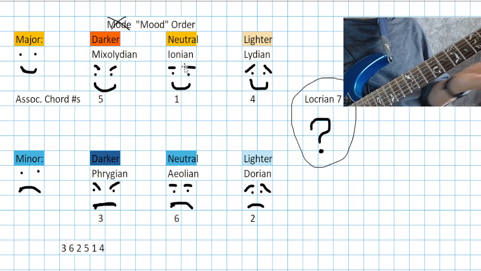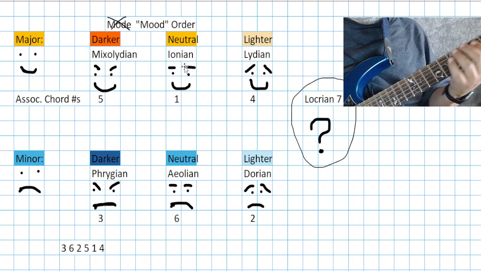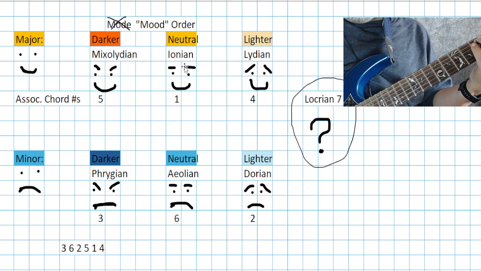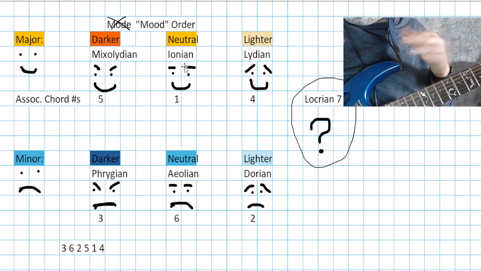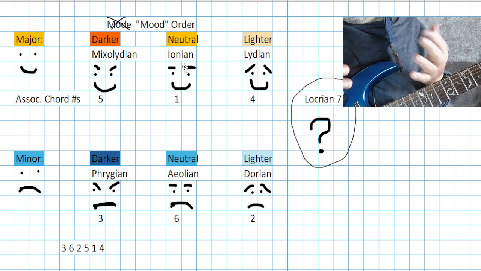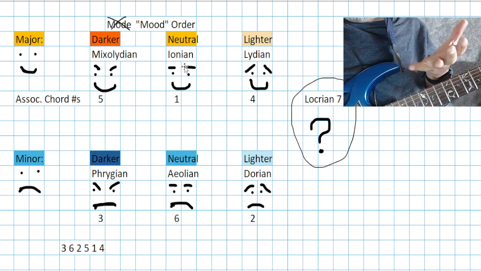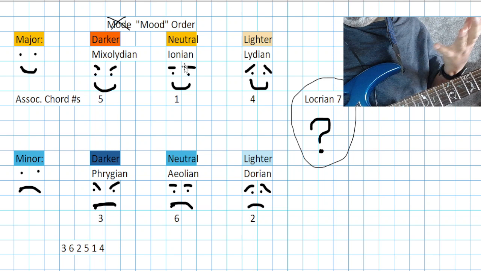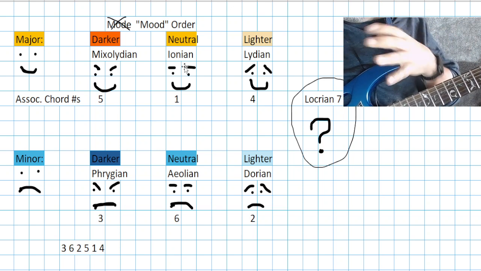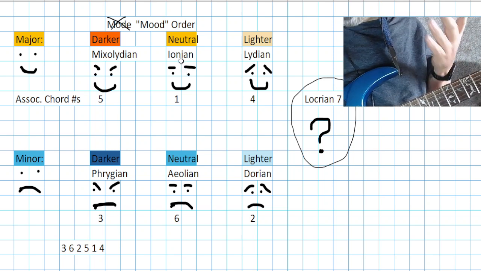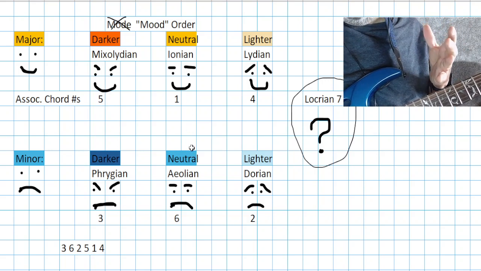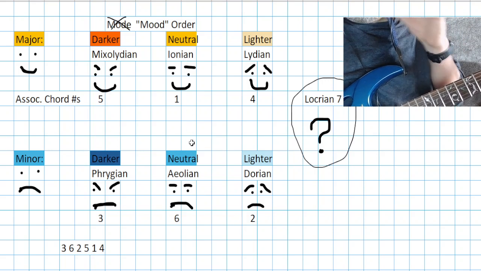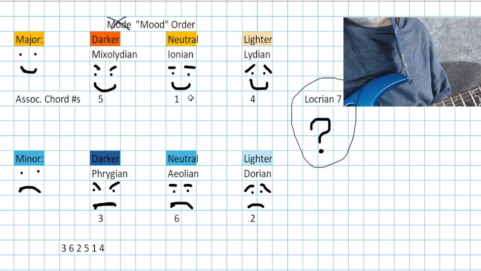It's because major is really just one of the modes, and it's probably the most balanced between these concepts of emotion or mood, a lighter mood or a darker mood. The Ionian and Aeolian scales happen to be the 2 that seem to sit in the middle of their group.